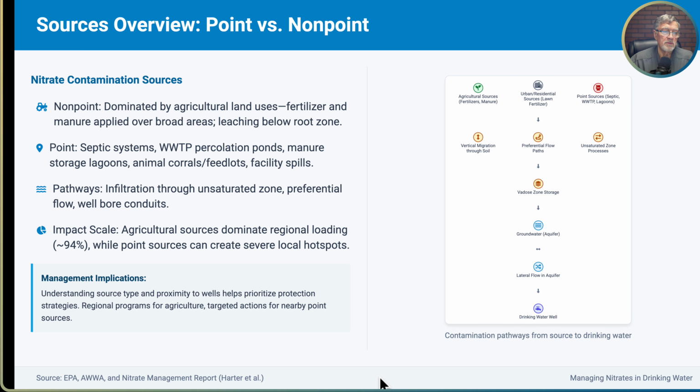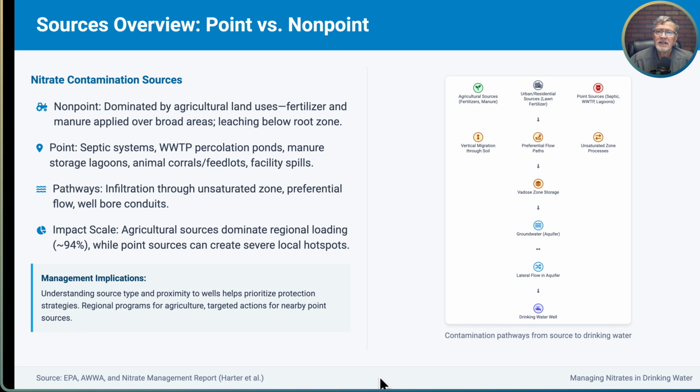Point sources are going to be things like septic systems, wastewater treatment, percolation ponds, manure storage lagoons, animal corrals, feedlots, and facility spills. That may be fertilizer processing or mixing when we talk about spills. The pathway is infiltration through the unsaturated zone. It's generally going to start as a surface contaminant, a shallow groundwater contaminant, and work its way deeper depending on your hydrogeological situation.